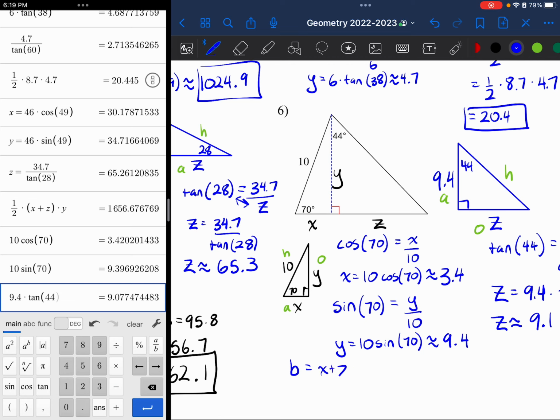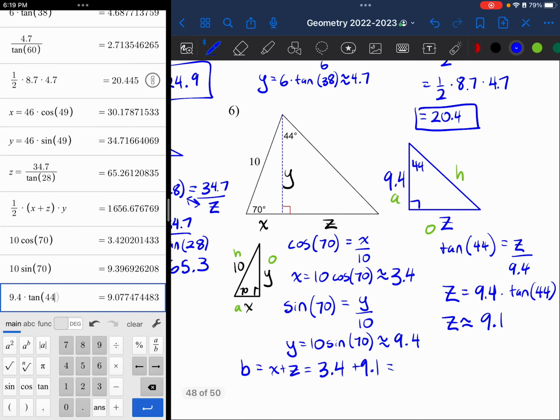So to find the entire base, the base is really equal to x plus z. And x is 3.4. And z is 9.1. Adding these together gives you 12.5. And we know the height, so I'm ready to do the area is equal to 1/2 times the base times the height, or 1/2 times the base, which is 12.5, we just found that, and times the height.